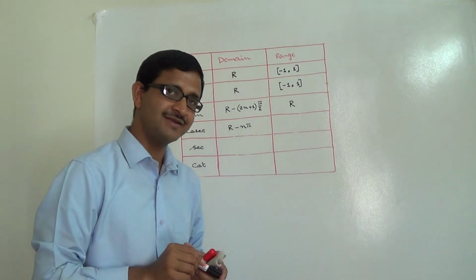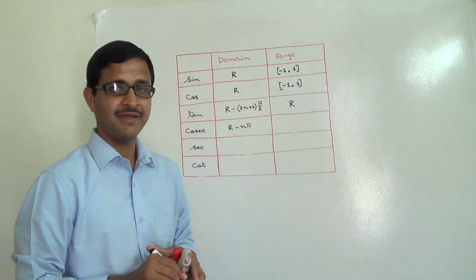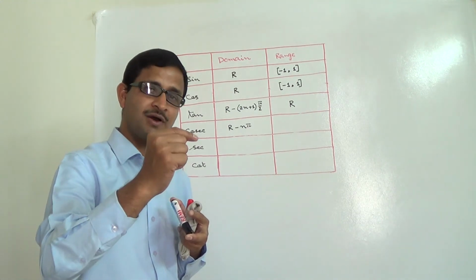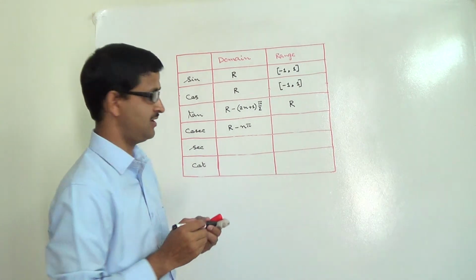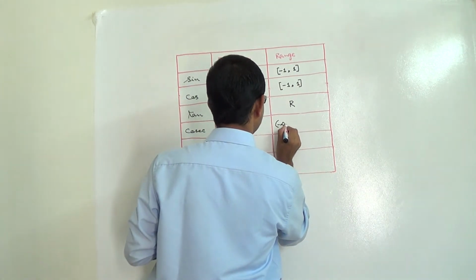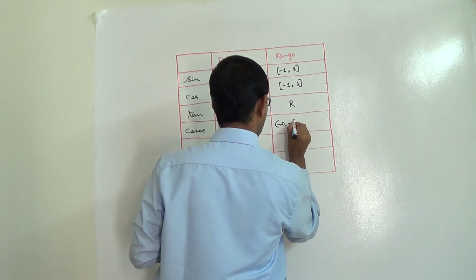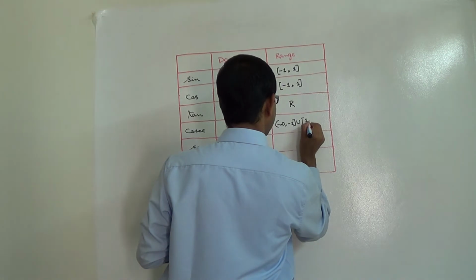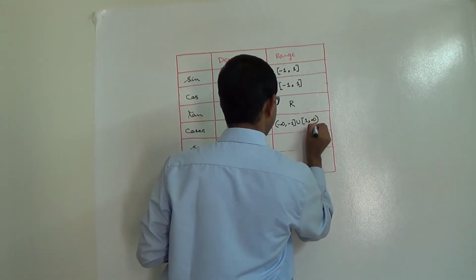We have seen that it is any real number except the values between -1 and +1, excluding -1 and +1. So we can represent that as minus infinity to -1 closed interval, union 1 to infinity.